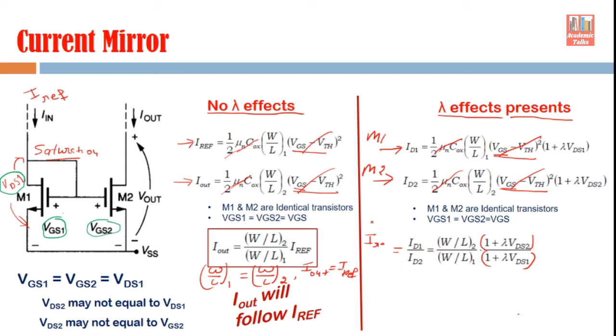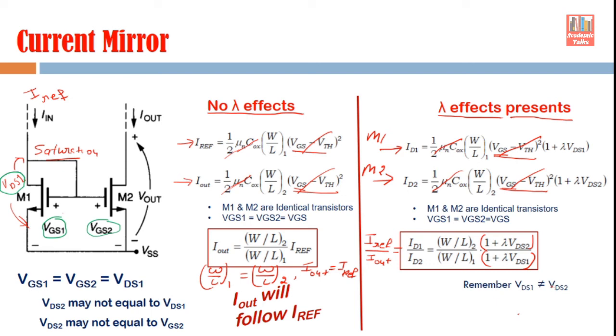Yeah, that is the I reference current, and here this ID2 is your output current. So you can see the ratio of reference current and output current of course depends on the W by L ratio, as in the earlier case when we were ignoring the lambda effect, but these terms are also coming. You see, we are not cancelling these. Why are we not cancelling these? Because your VDS1 may not be equal to VDS2, which we discussed in the earlier slide also.